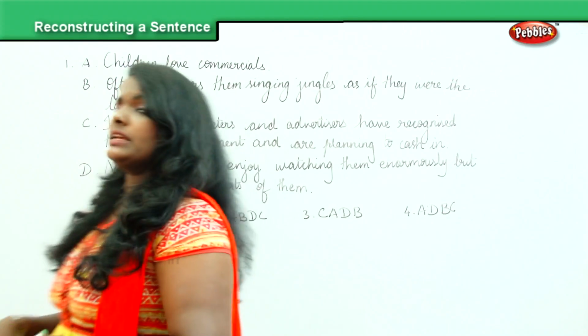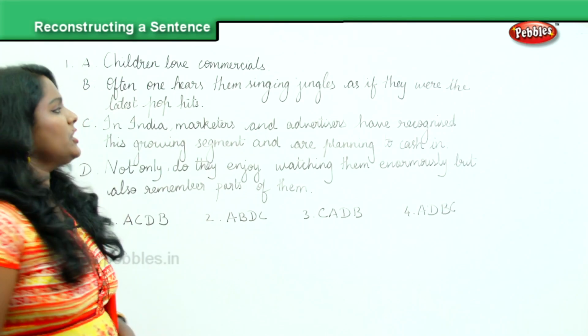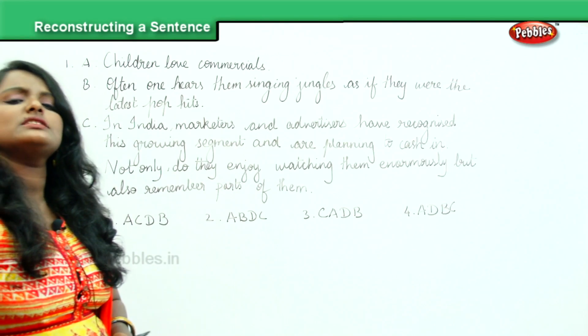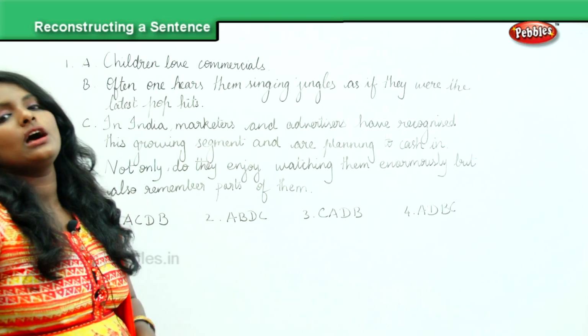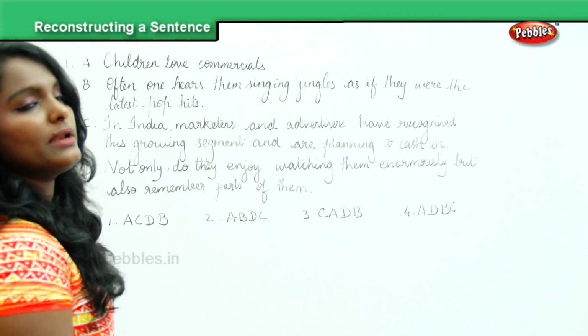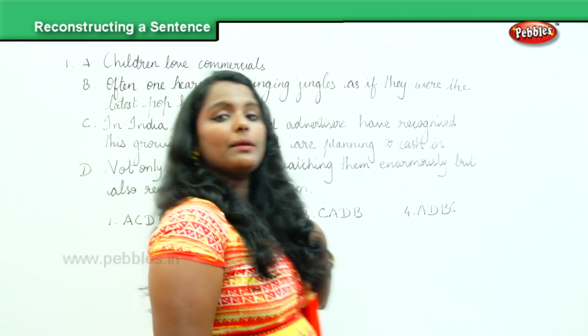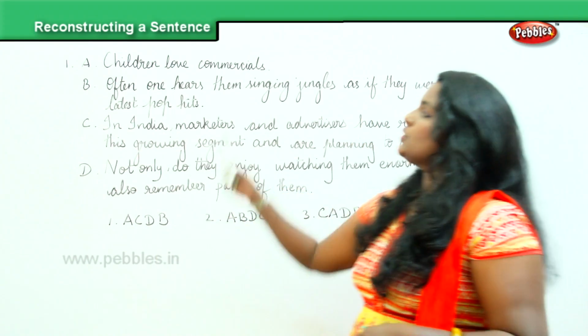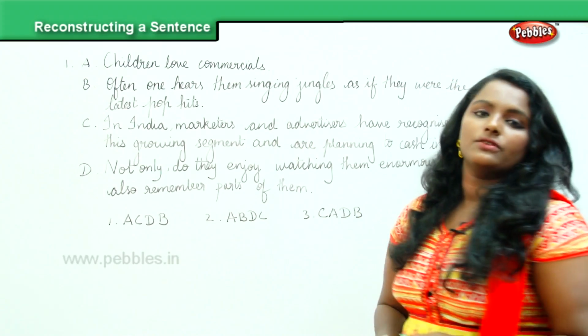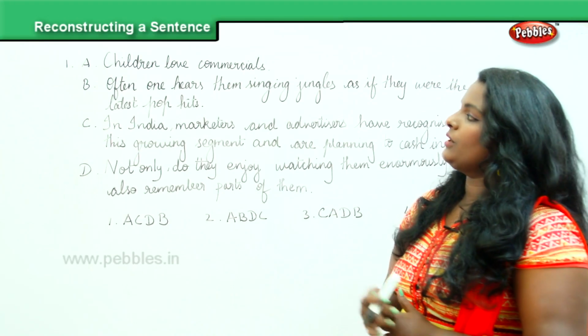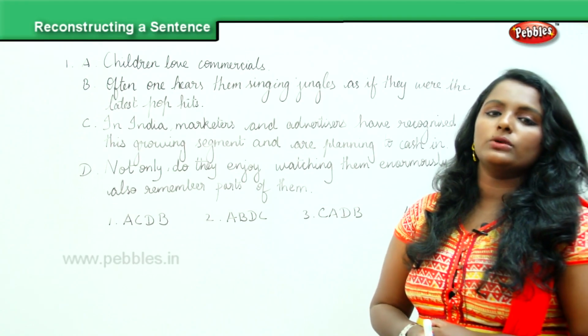Well, by reading these 4 sentences, I am sure you can conclude that this passage is all about how the commercials are playing a major role in our lives and how children get carried away by the commercials, right?